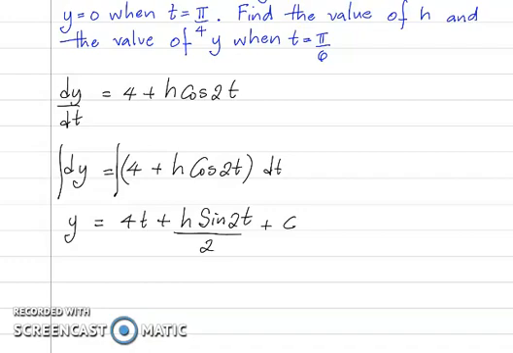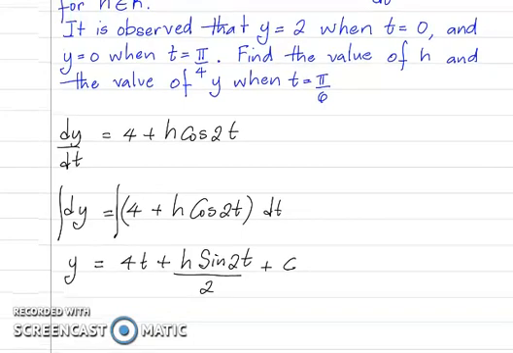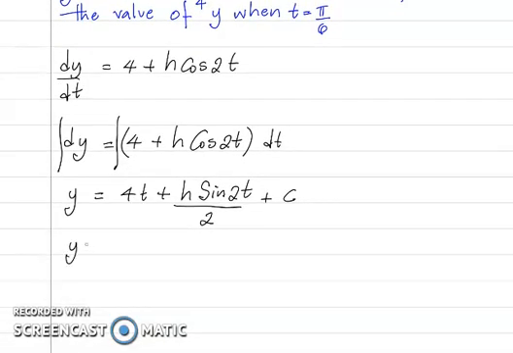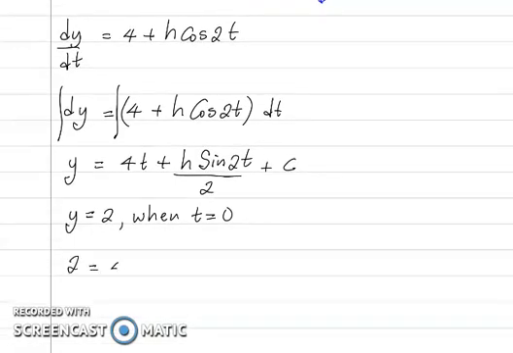All right, so we're given some boundary conditions. The first boundary condition is that y is equal to 2 when t is equal to 0. We're going to apply that boundary condition, and we're going to get 2 is equal to 4 times 0 plus h sine of 2 times 0 all over 2 plus c.